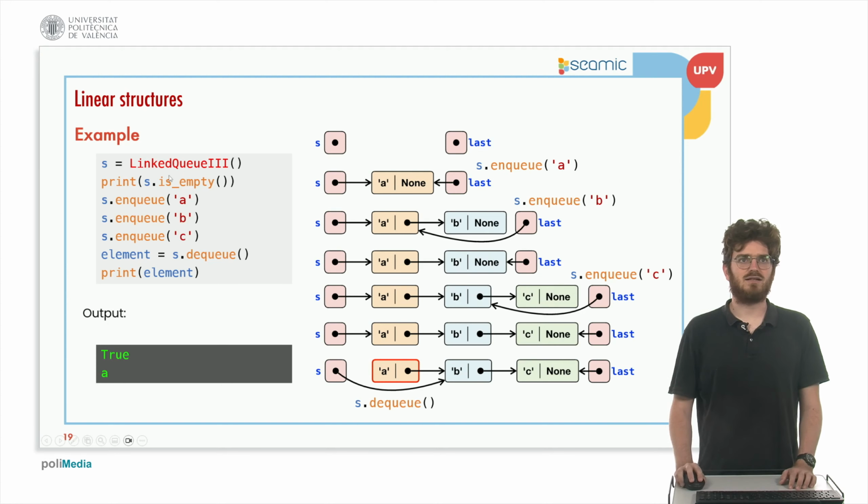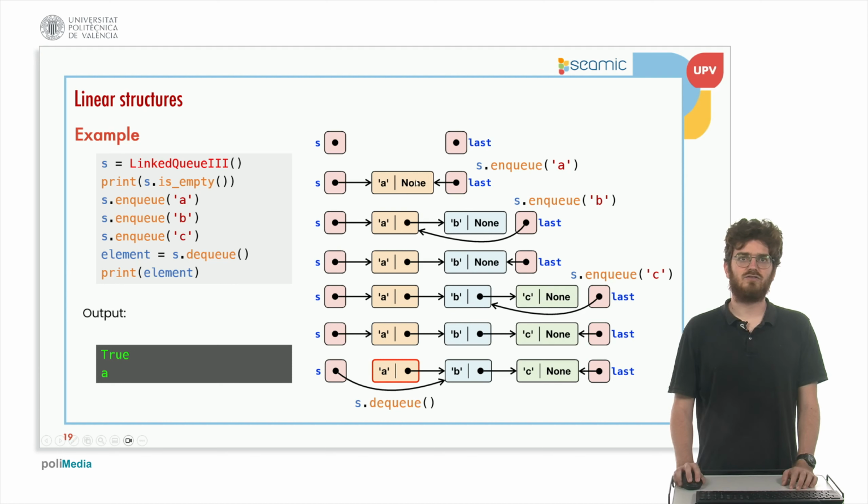So if we create an object from our class linkedQueue3, we create 2 pointers. The first one will be the head of the list, and the second one will be the last element of the list. When we enqueue an element, for example A, we update both the first element and the last element, because this was the first new object of the queue.